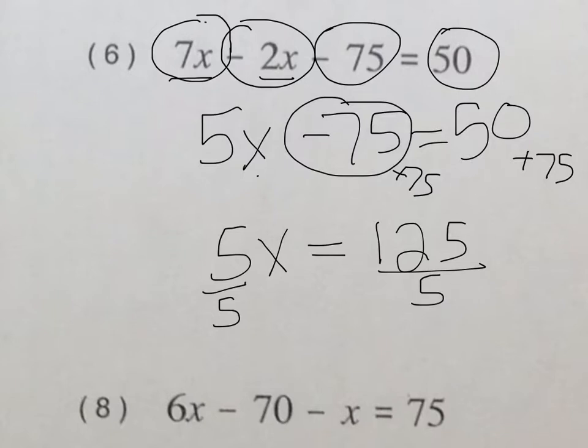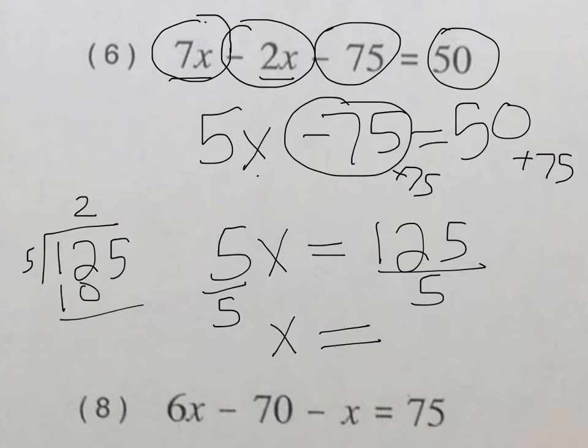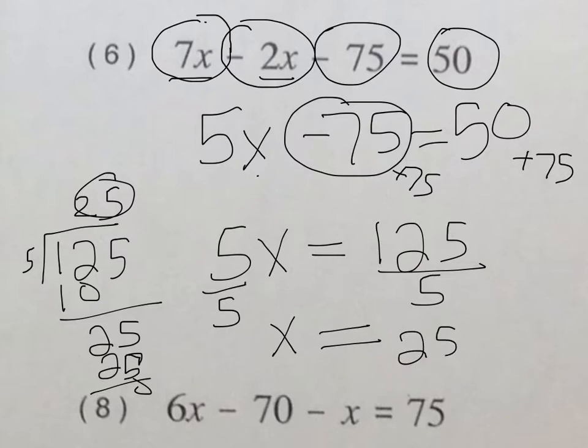Well, 5 divided by 5 is 1, so it leaves me with just x. And 125, I divide it by 5. 5 goes into 12 2 times. Okay, and that is 25. And then 5 goes into 25 5 times. 25. And that's 0, so my answer for this one is 25.